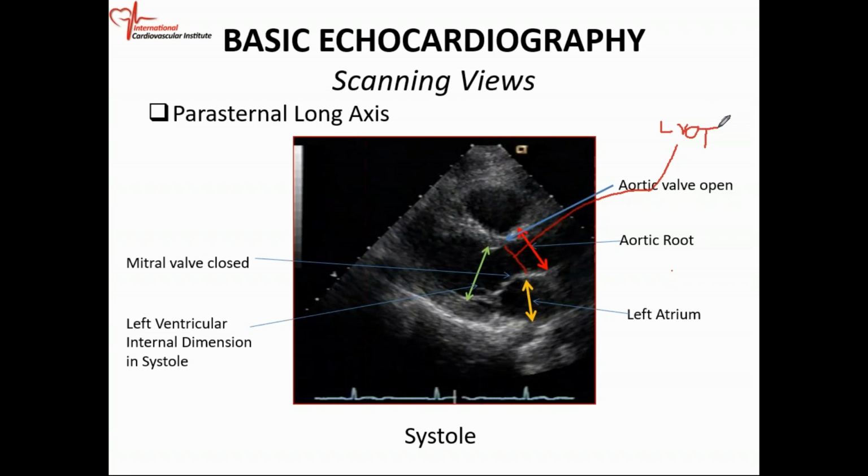That is a very important measurement we need when we're measuring the aortic valve area, or if we're going to measure the stroke volume across the LVOT. All right, so those are the measurements you're going to do in systole.